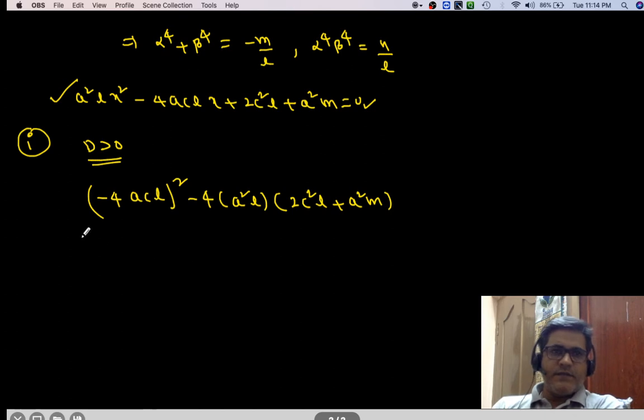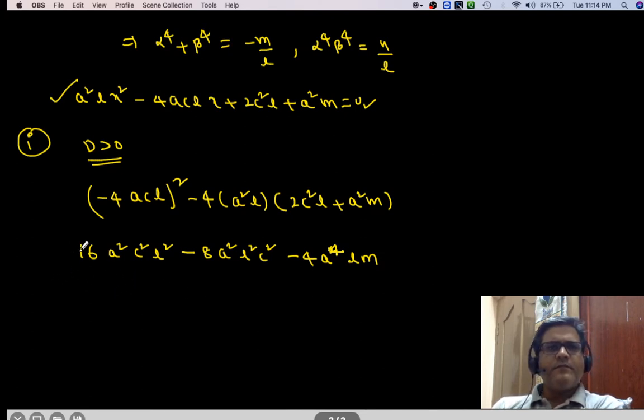So this is the discriminant, that is 16a²c²l², minus, if you open this bracket, 8a²l²c² minus 4a⁴lm.